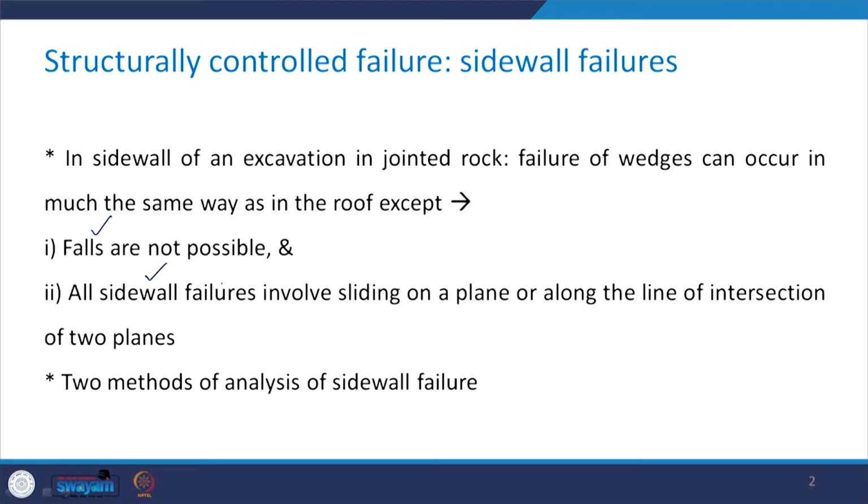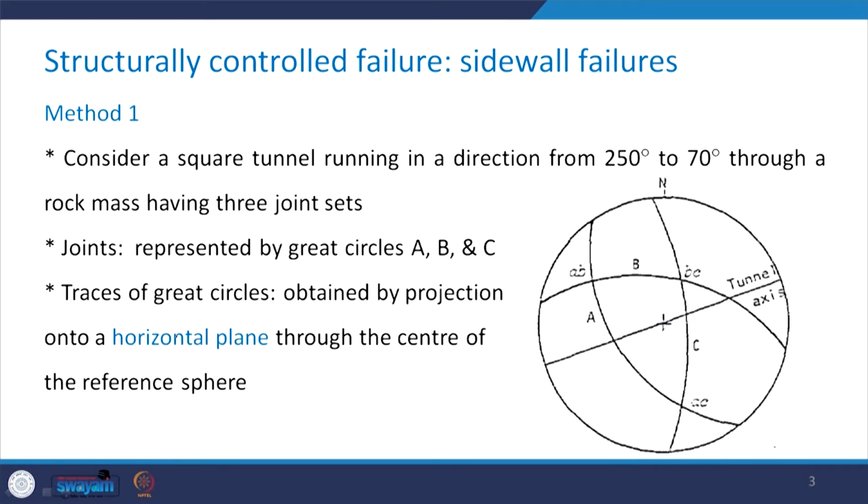All side wall failures will involve sliding on a plane or along the line of intersection of two planes. Two methods of analysis are available for the side wall failure. Let us have a look at the first method.